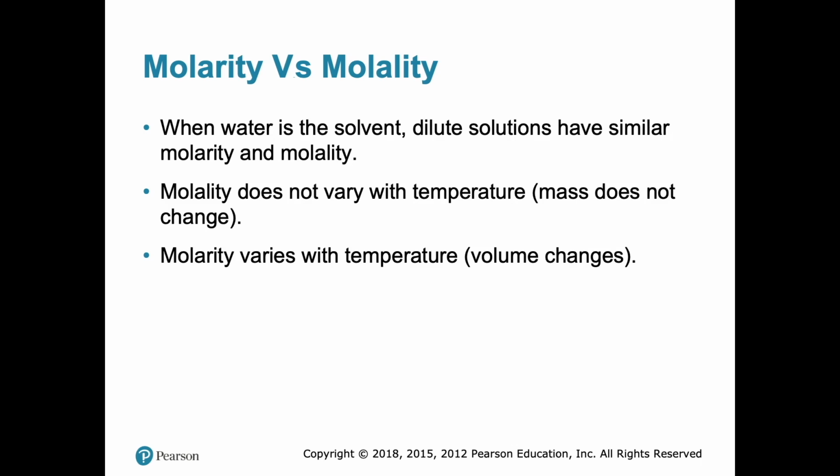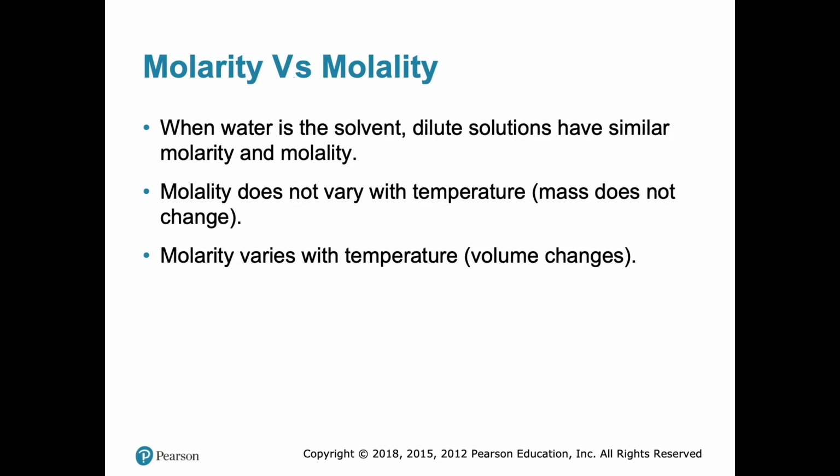Molality does not vary with temperature because mass does not change. When you heat something up, for example, if I were to heat up this table right here. I feel like it's 95 degrees in this room because I'm sweating like crazy. But if we heated it up to 212 degrees Fahrenheit and boiled this table in hot air, like an air fryer, would the mass of this table change?